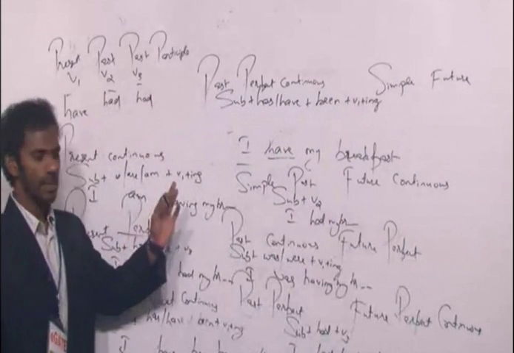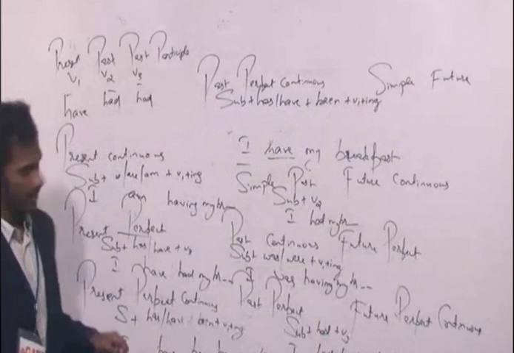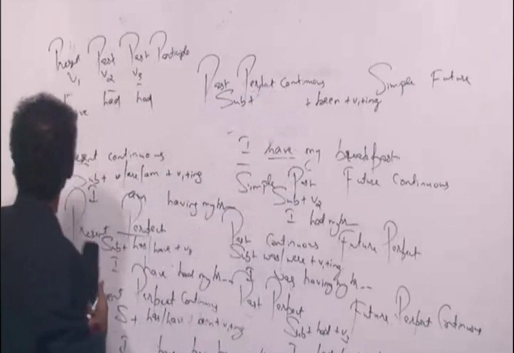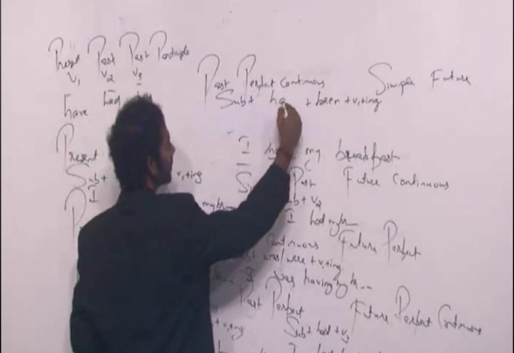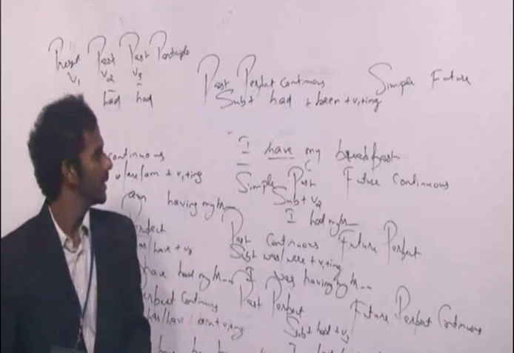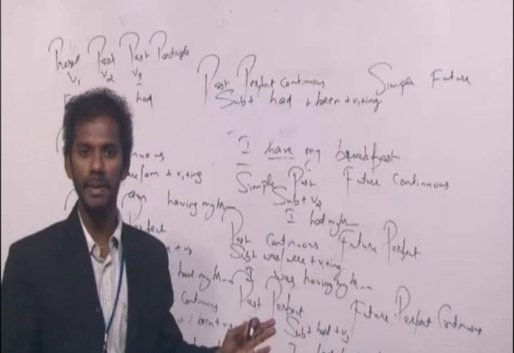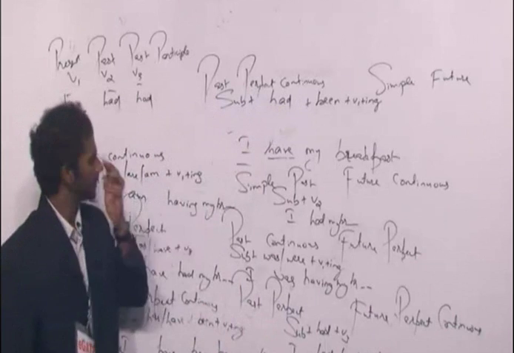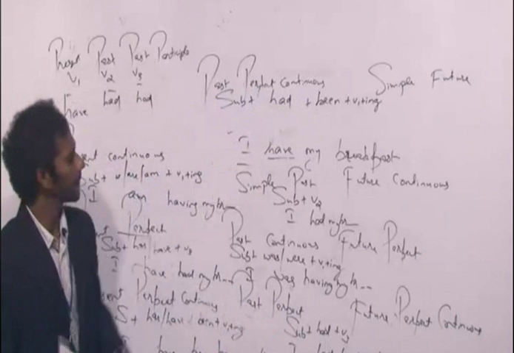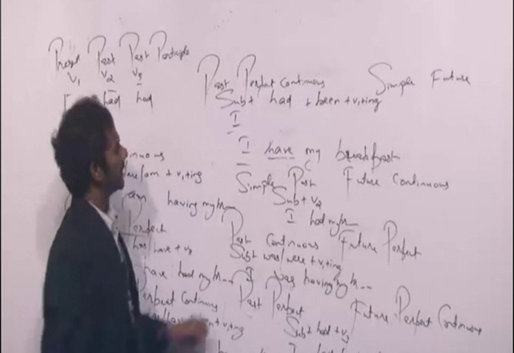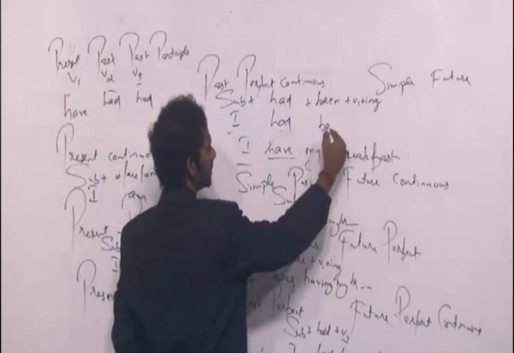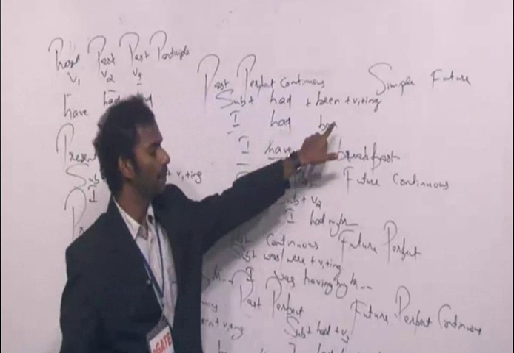Subject plus had is past tense. Subject plus had plus been plus V1 plus ing is a rule of past perfect continuous. Clear? Fine. Subject here is I. Then had been plus V1 plus ing.